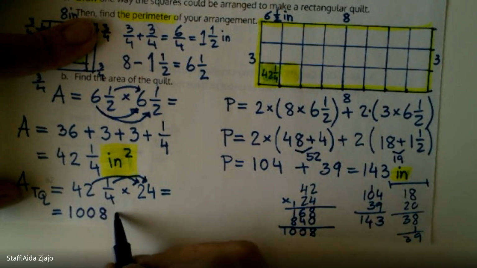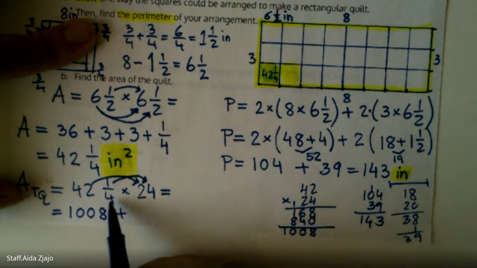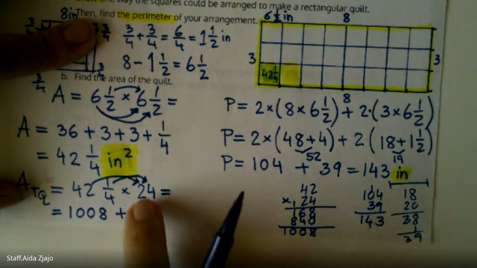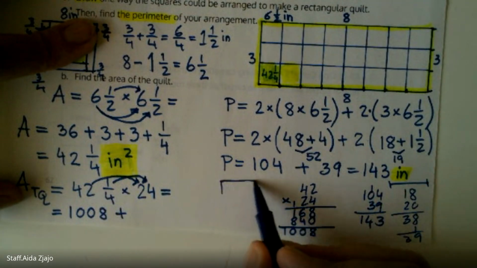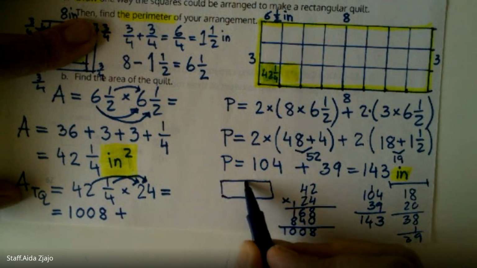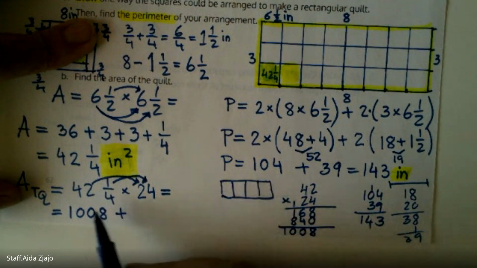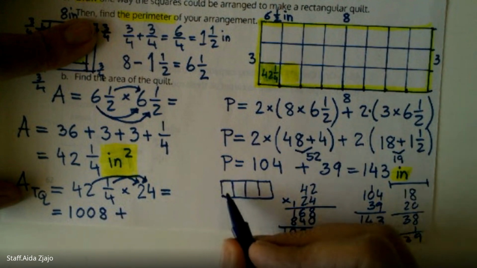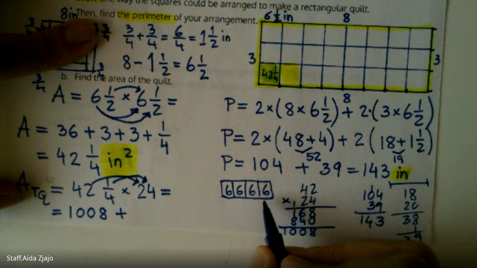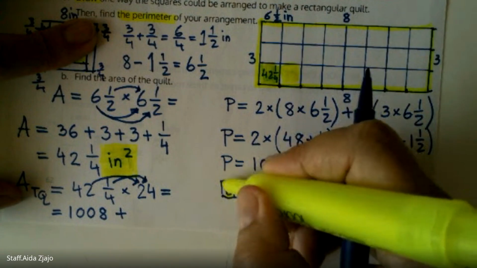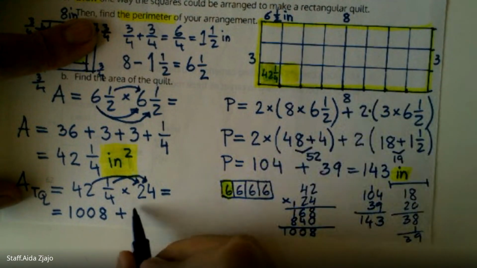1008 plus, what is 1/4 of 24? So 24 divided by 4. Remember how I did this before? If you have 4 pieces, so you have 24: 6 plus 6 is 12, plus 6 is 18, plus 6 is 24. So 1/4 of 24 is 6.